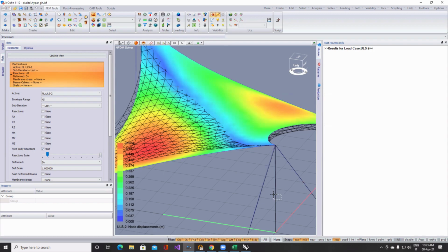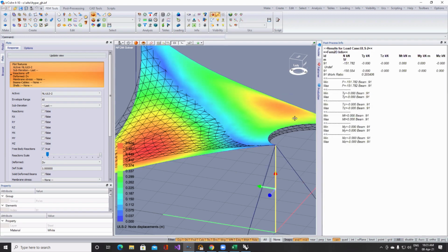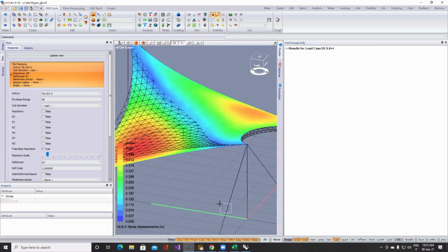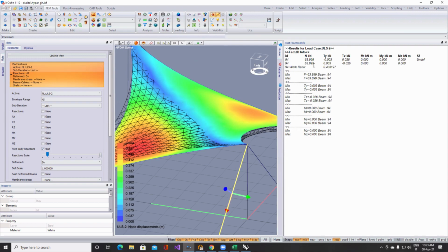If I select the pole here, it will give me the information of the pole. The pole has minus 150 kilonewton compression, and selecting the cables are 63 kilonewton, and so on.